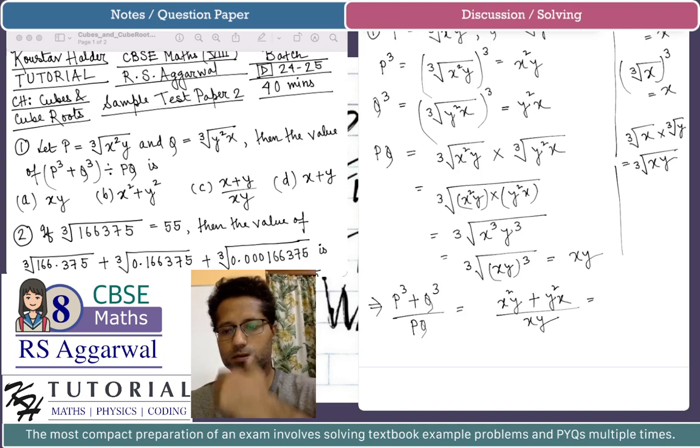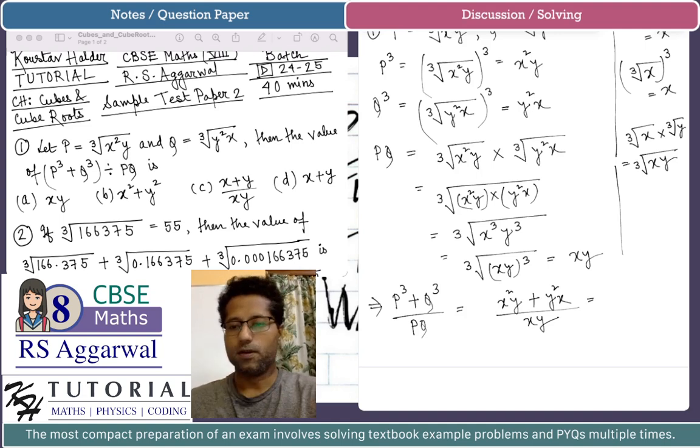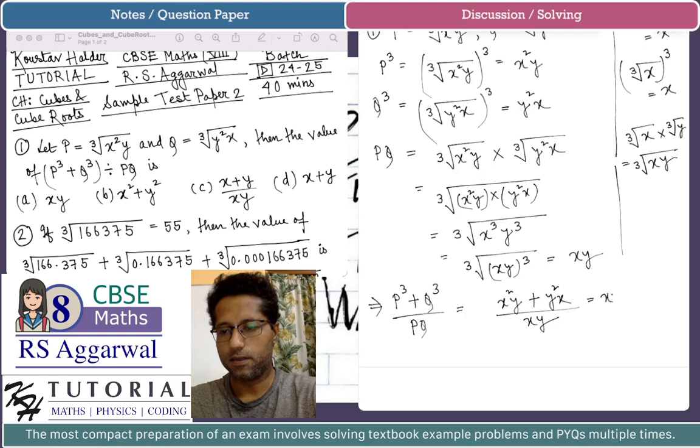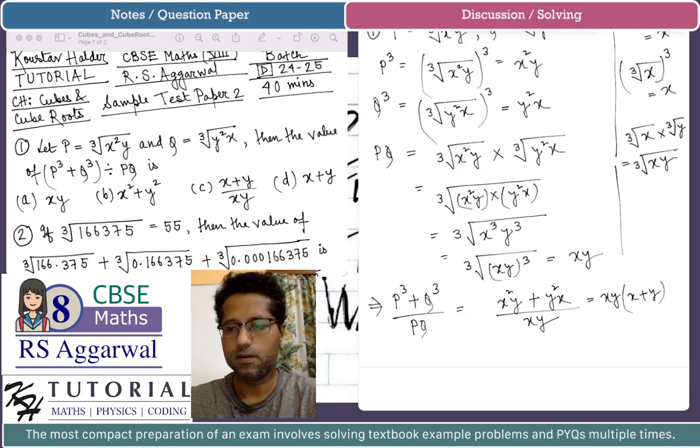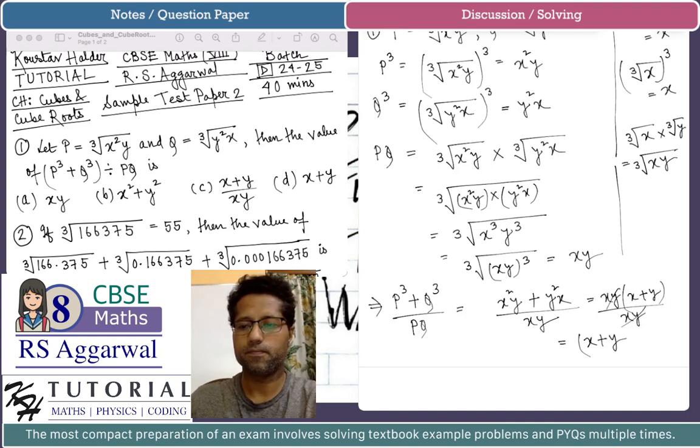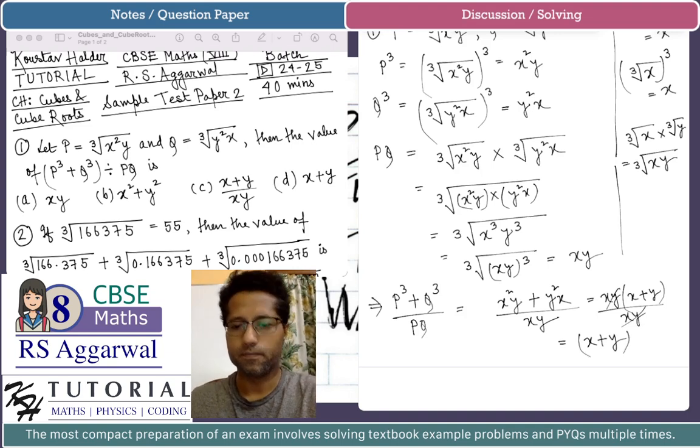From the numerator, if we take xy common, we get xy times (x plus y), divided by xy. So xy cancels out. We have the final result as x plus y. So the correct choice is D.